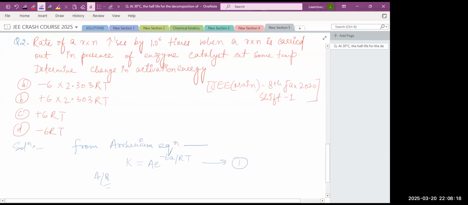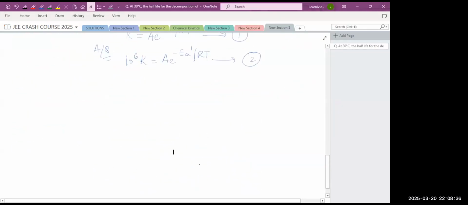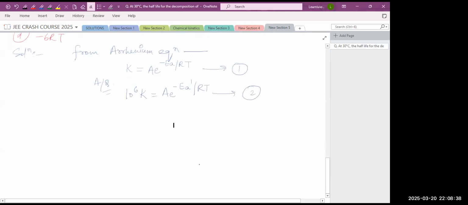The rate of a reaction increases by 10 to the power 6 times. So 10 to the power 6 k equals A e to the power minus EA dash upon RT. Mark it as equation 2. Please write it along with me.